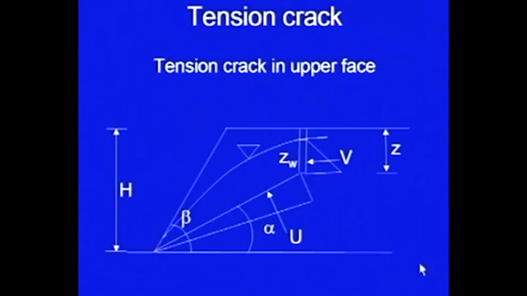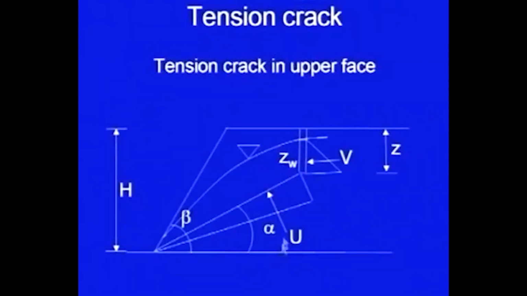If it is not draining freely at this point, and if the drainage is choked, then you may have very high pressure here also. So, in fact, if I assume a hypothetical situation where complete choking of the drainage has taken place, then at this point you are going to get pressure equal to hydrostatic pressure, that is gamma W into this height.